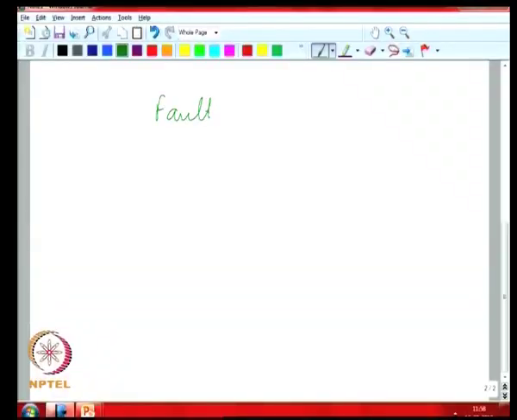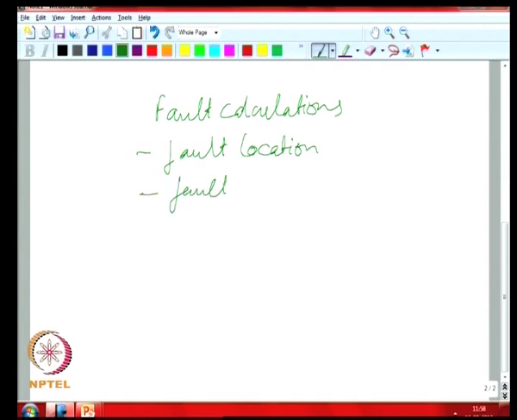So, there are a variety of such aspects that need to be considered when you are doing fault calculations. Okay. So, here you are looking at whether it is 3 phase, single phase, different types of combinations, line to line, etc.